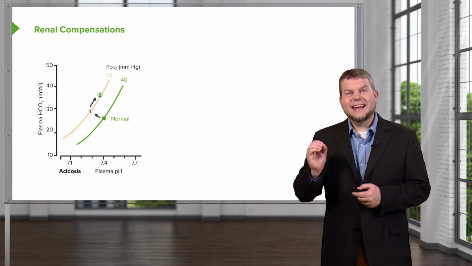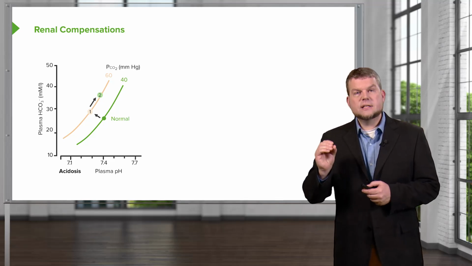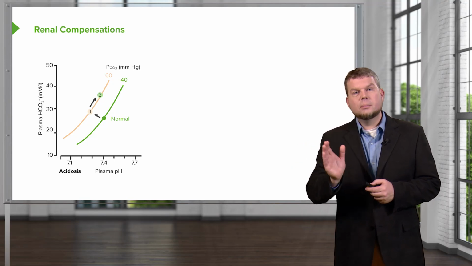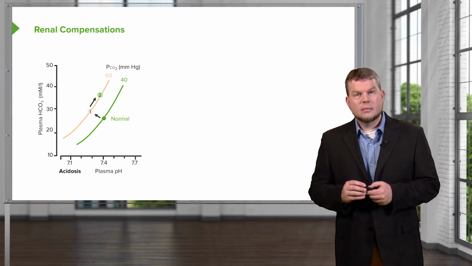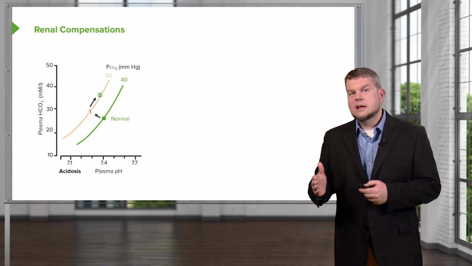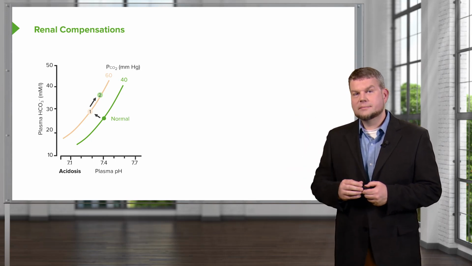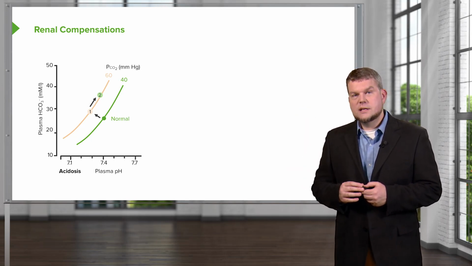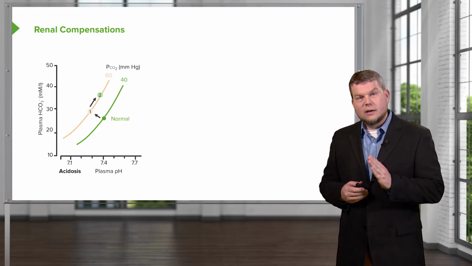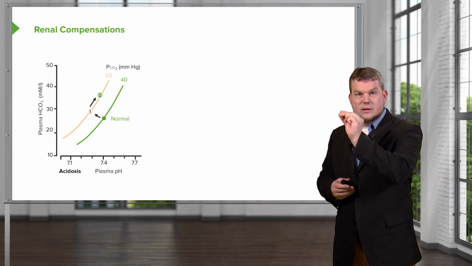If you have a hypercapnic condition, meaning you have a decrease in alveolar ventilation, you're going to go from the normal line up to point number 1. However, to then try to compensate for that, you're going to now travel up the PCO2 line. As you travel up the PCO2 line, this is important, you are not traveling along the blood buffer line anymore. You're traveling up the PCO2 line.